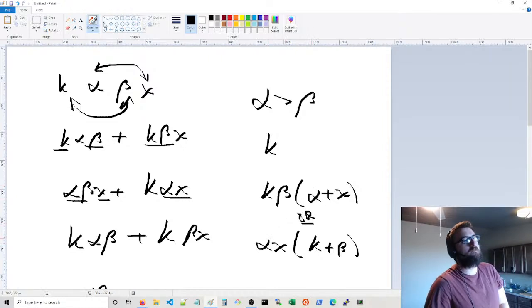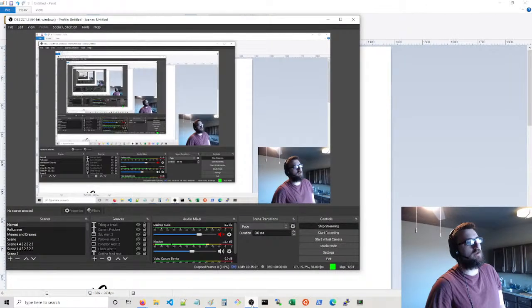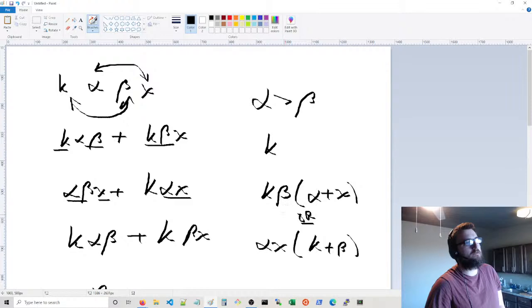Because, well, what's interesting about that though is it's not necessarily maximizing one or the other, because, I mean, even though this is adding, right?